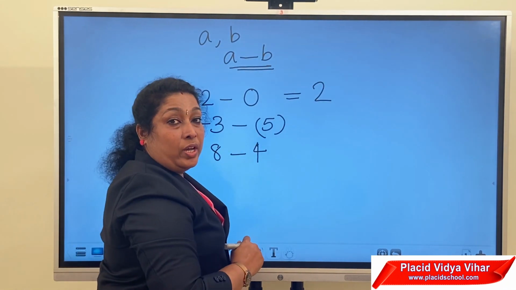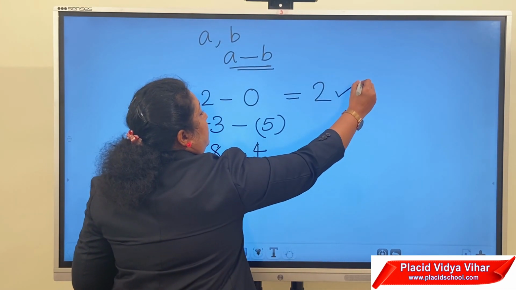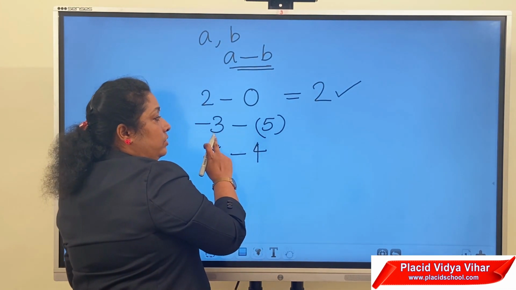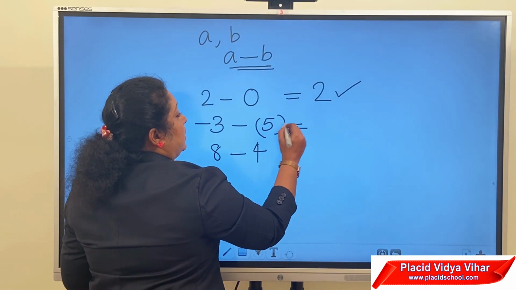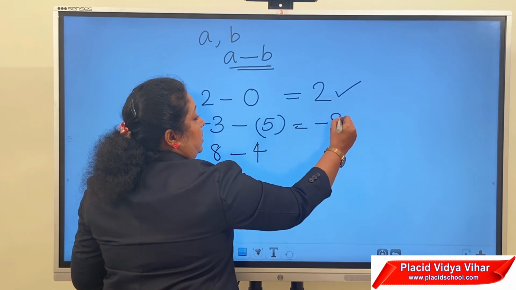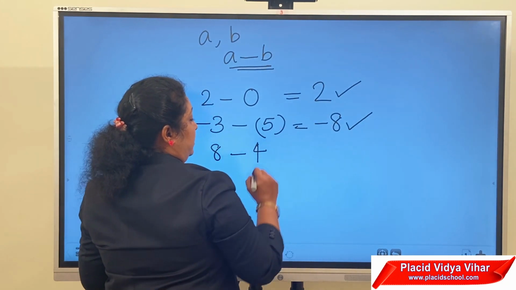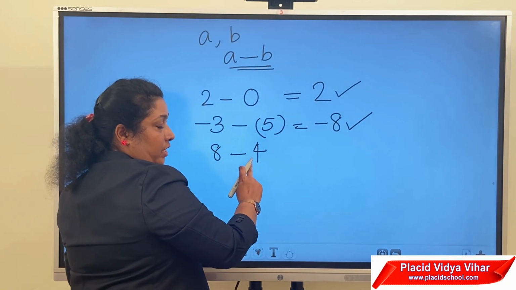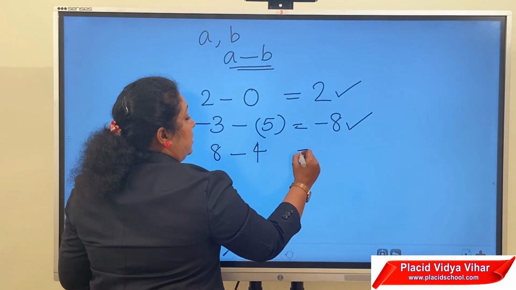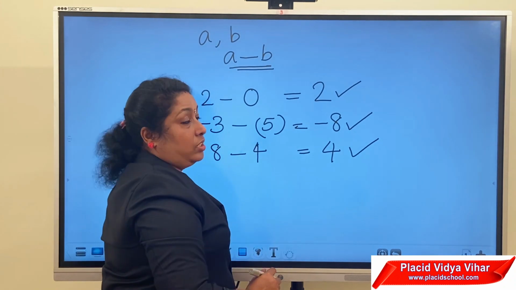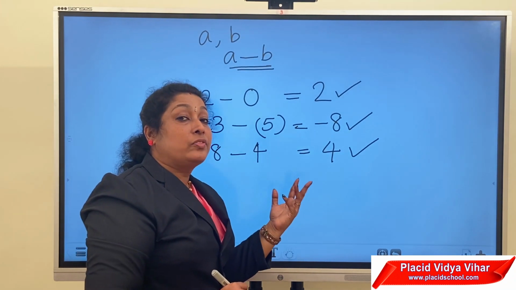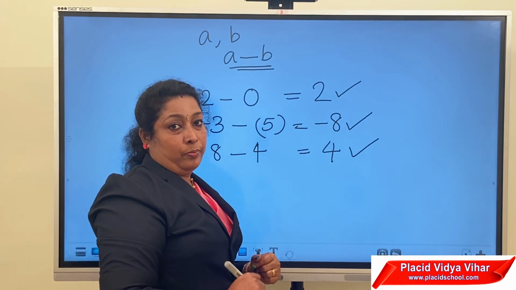The answer is also an integer. The second one, negative 3 minus 5. The answer is negative 8. This is also an integer. 8 minus 4. The answer is 4. This is also an integer. So closure property is satisfied for subtraction also.